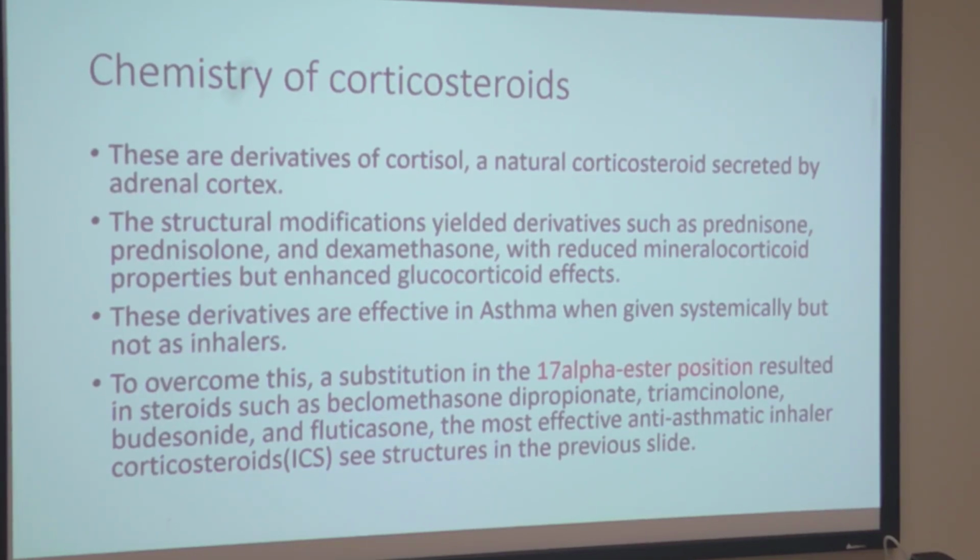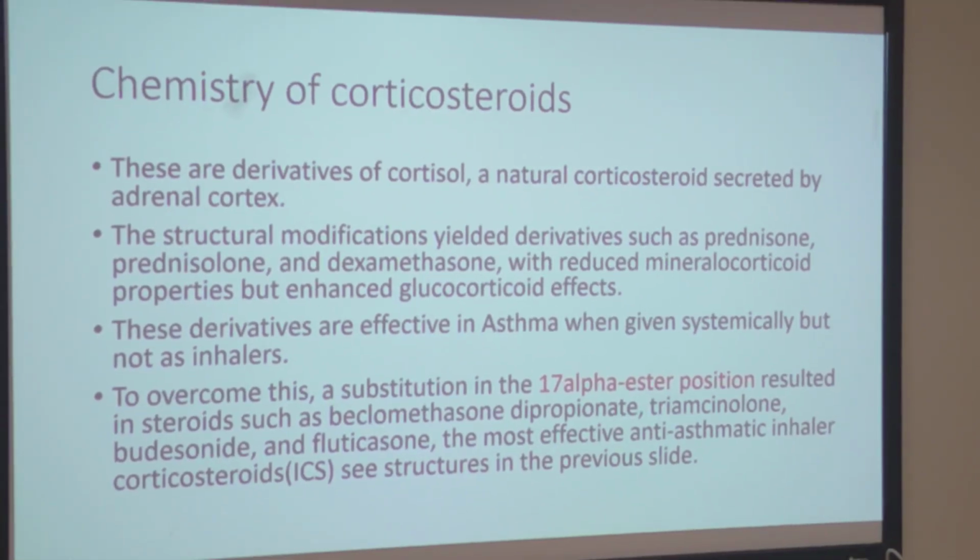So it can be prednisone, prednisolone, dexamethasone, or inhalers. They are systemically active drugs but not effective inhalers. To make them inhalers, there should be substitution at the 17 alpha position, the ester position.